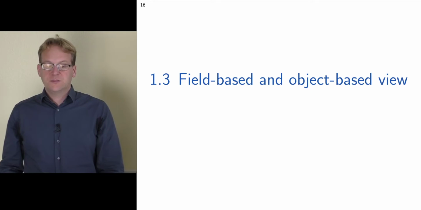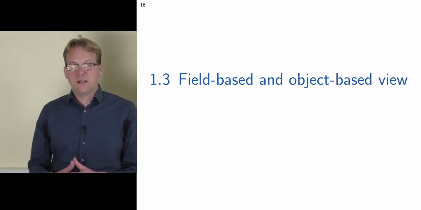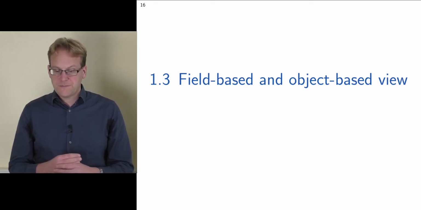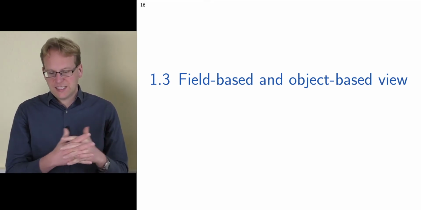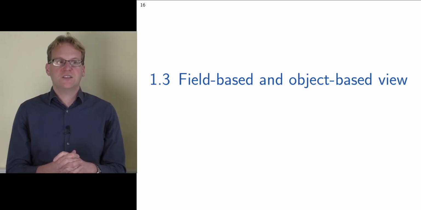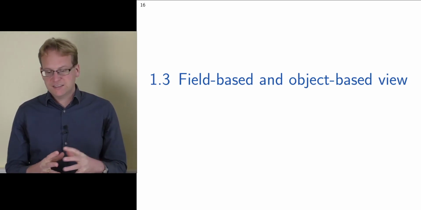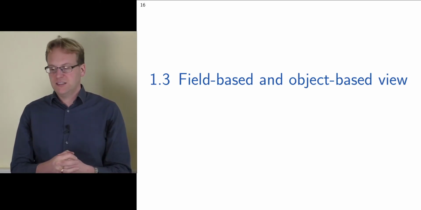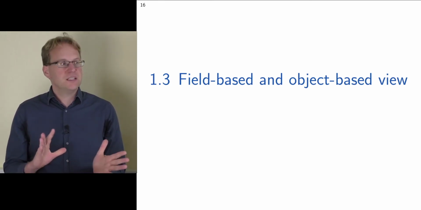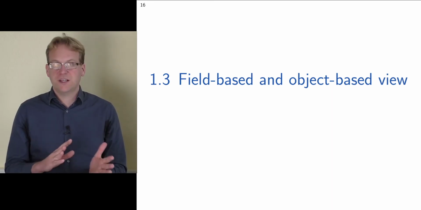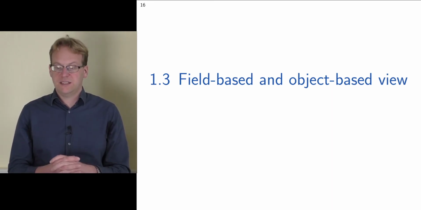So those were basics about raster and vector data. And now there's also a slightly different classification of data, and that relates to object-based data and field-based data. It is kind of similar to this raster versus vector topic, but it's not the same, as we will see.